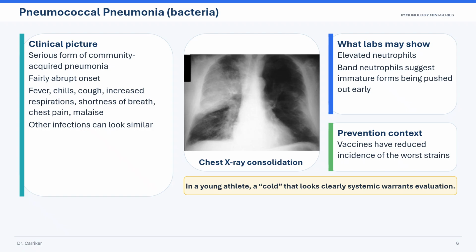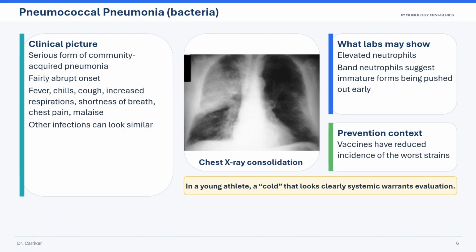Pneumococcal pneumonia is a serious form of community-acquired pneumonia, often with abrupt onset of fever, chills, cough, chest discomfort, increased respirations, and shortness of breath. Now, in the young athlete, a minor cold should not usually make somebody look terribly ill. So if they show up and they're clearly sick, especially with respiratory signs, I think it's fair to say they deserve evaluation.